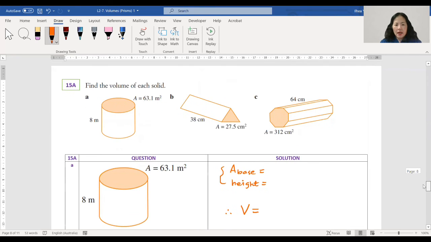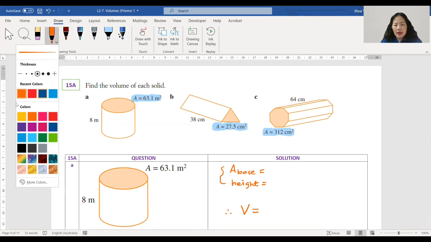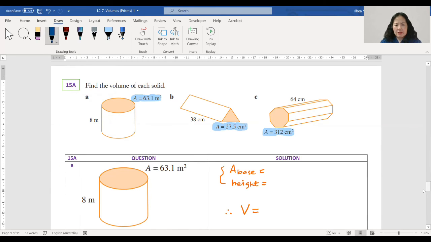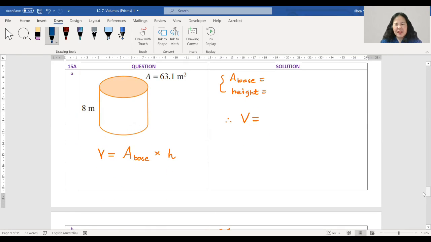This question is also finding the volume of each solid, but have a look at the diagrams. It actually gives you the area of base. So we don't have to calculate the area of base. Part A. What kind of prism is this cylinder? It's like a circular prism. The area of the circle is given to us, 63.1 square meters.